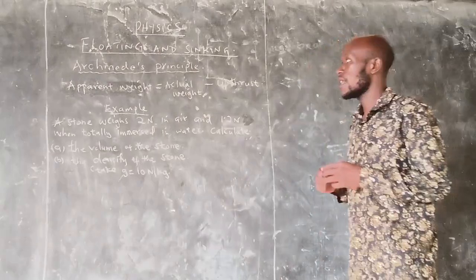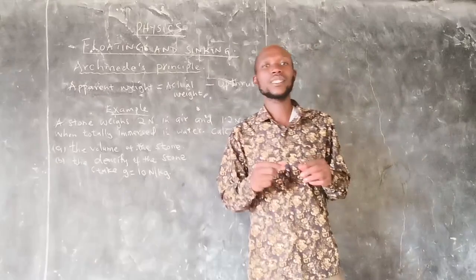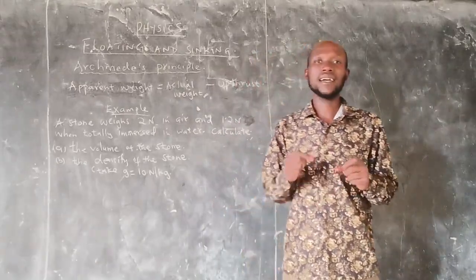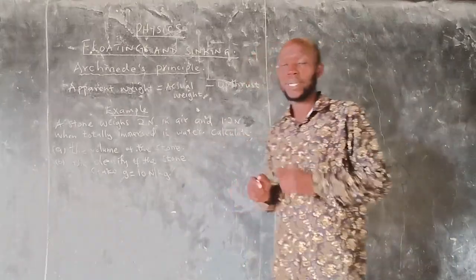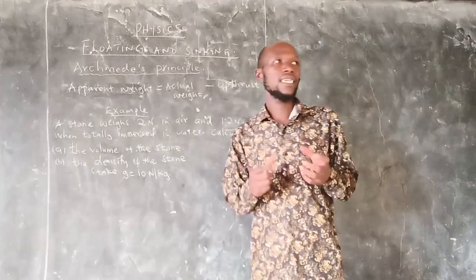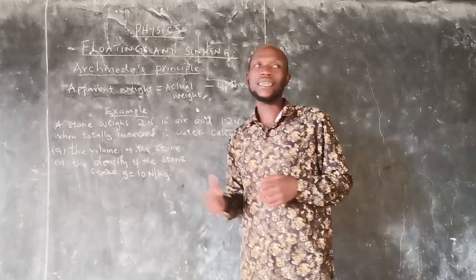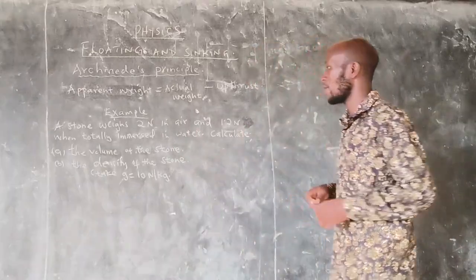We said that when a body is either partially or totally immersed in a fluid, it experiences an upthrust equal to the weight of the fluid displaced. Remember, a fluid is either a liquid or a gas. So air is a fluid, water and liquid is a fluid.